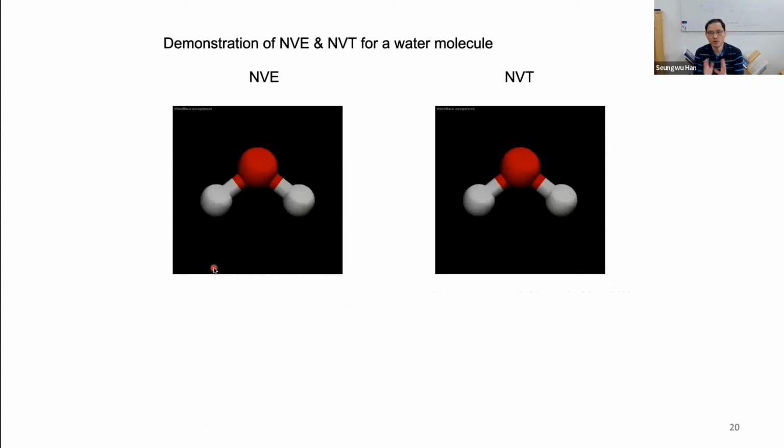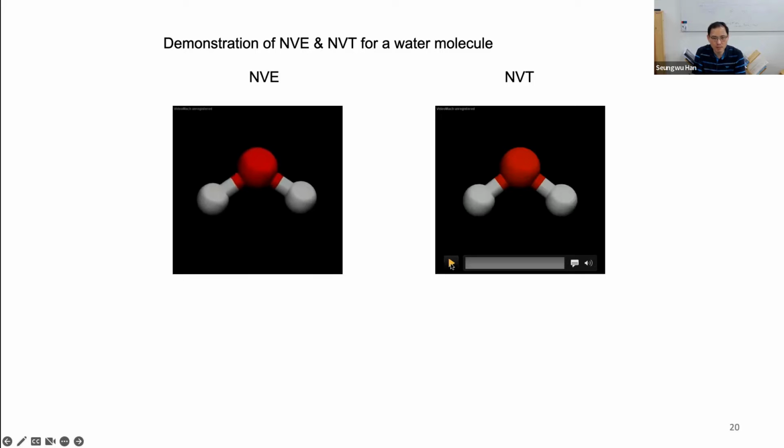So I will show you an example of the NVE and NVT ensemble simulation with the example of a water molecule. The left is the NVE ensemble, and you can see the periodic and regular vibration of the water molecule. The energy is conserved, so it is an isolated system.